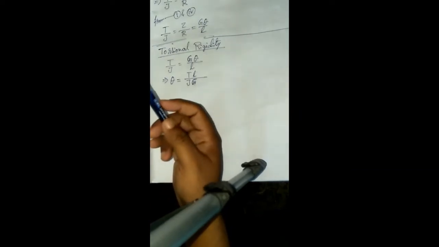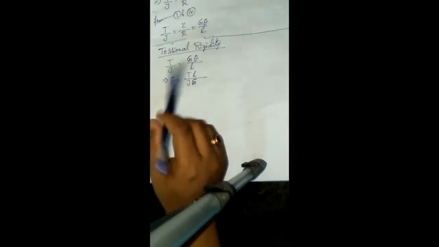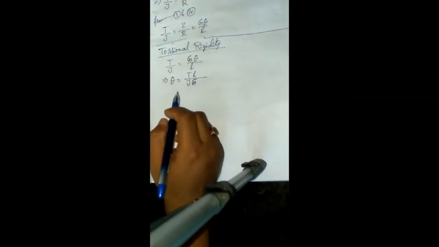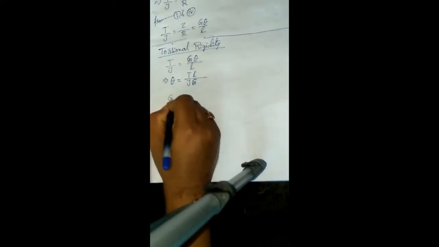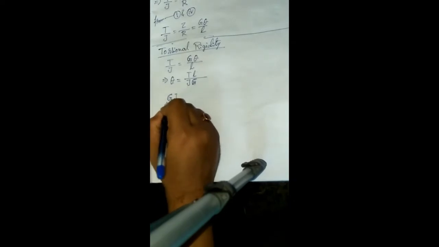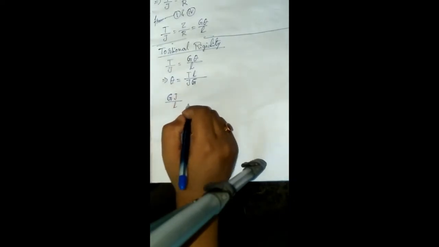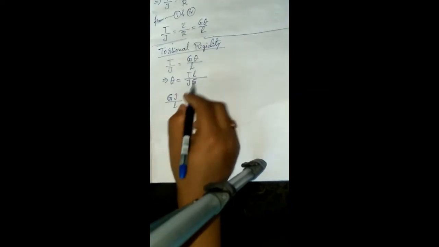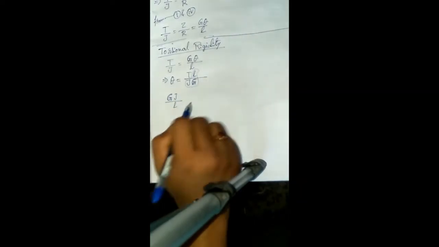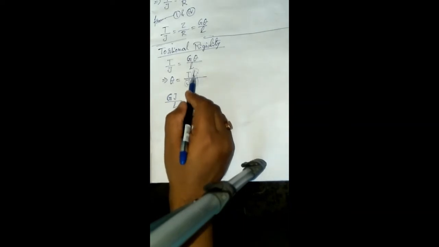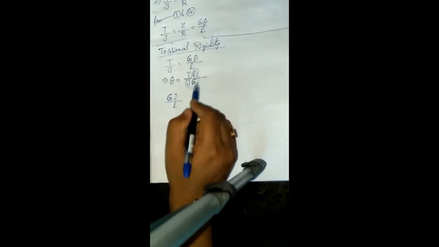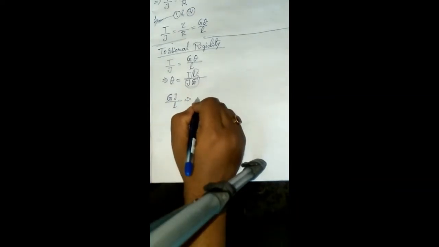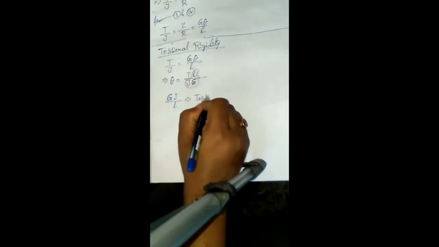So the angle of twist theta is proportional to the twisting moment T, and the quantity GJ by L, the reciprocal of this relation, is known as torsional rigidity.